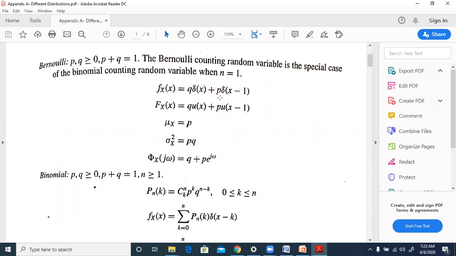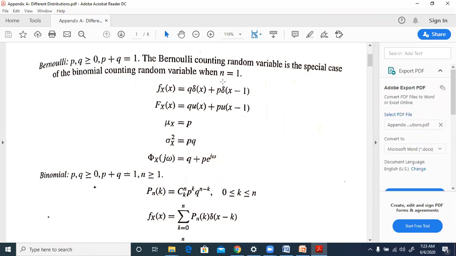Q delta x plus P delta x minus 1. And mu x will be equal to P, that is the coefficient of delta x minus 1. Sigma x square is the multiplication of the coefficients of delta x and delta x minus 1. And phi x j omega, the characteristic function, is equal to Q plus P e to the power of j omega. That is what we have. So the same thing we are using there.